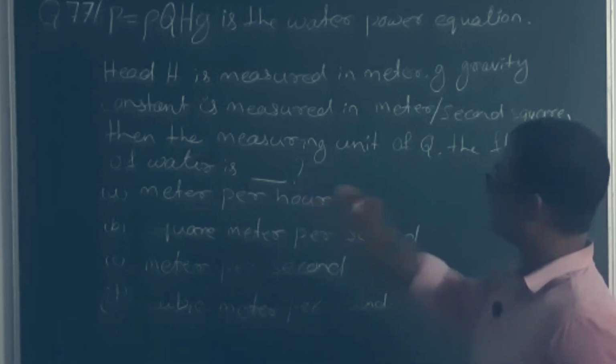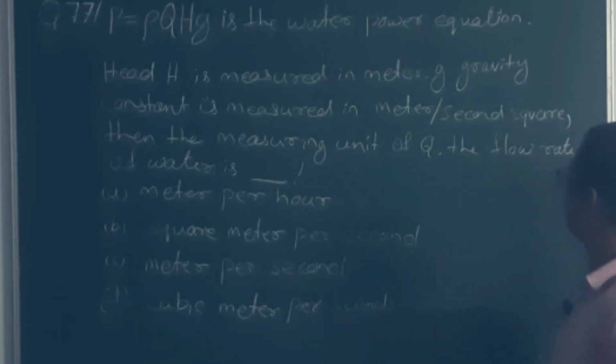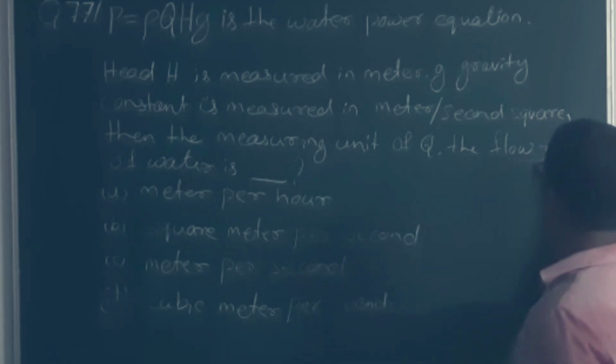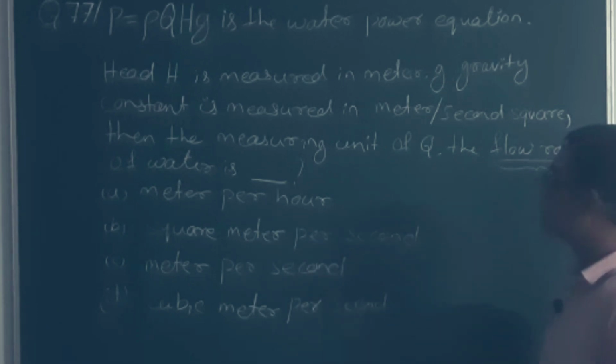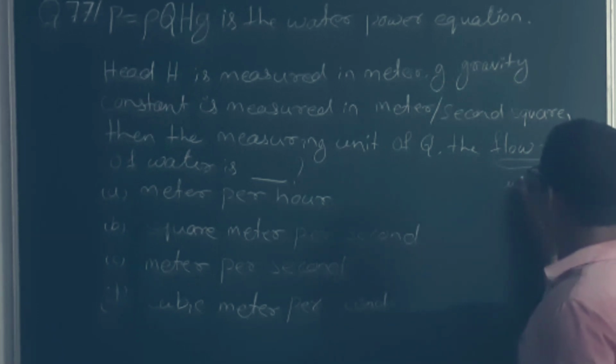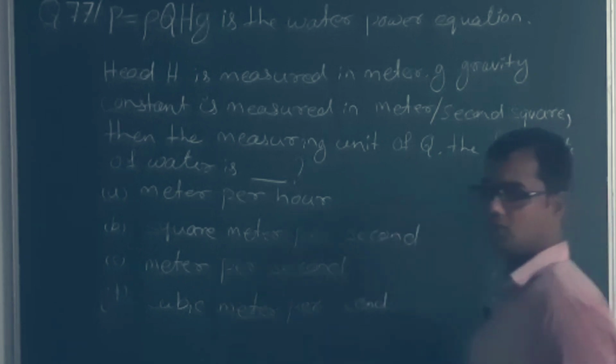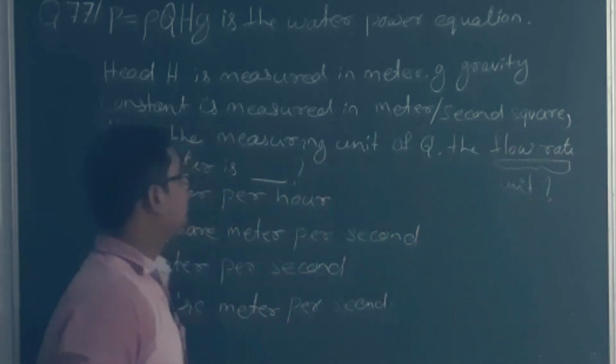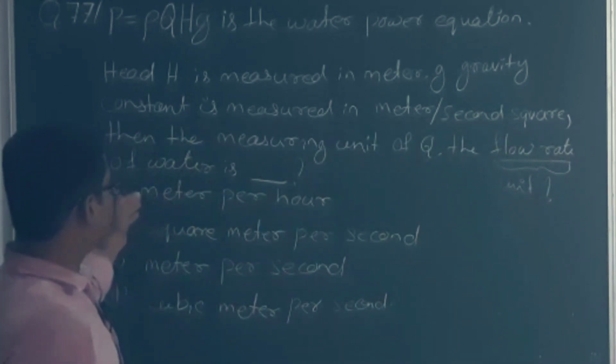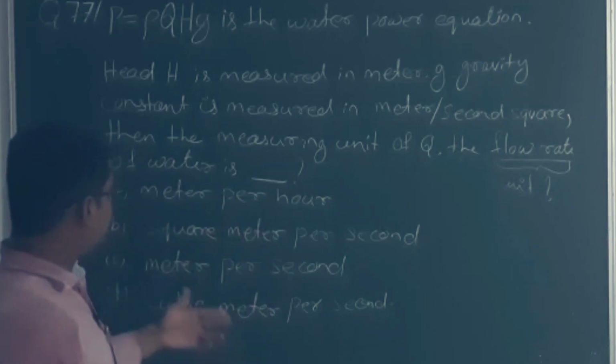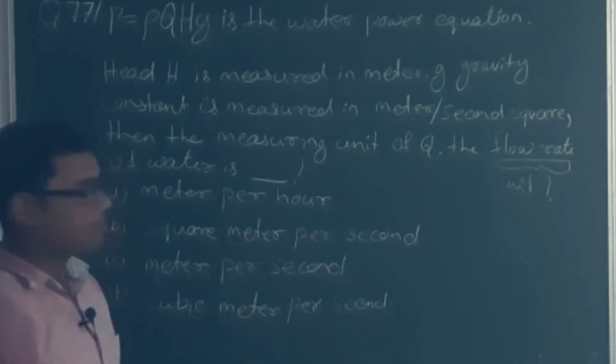Then the measuring unit of Q, the flow rate of water, is dash. The question is to find out the unit of flow rate. The options are meter per hour, square meter per second, meter per second, and cubic meter per second.